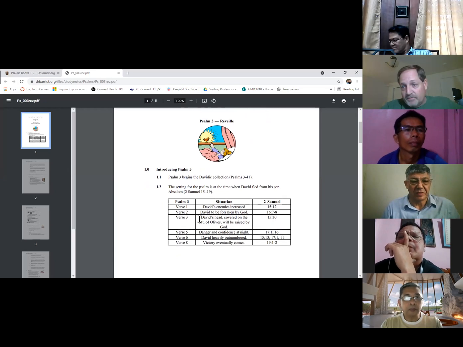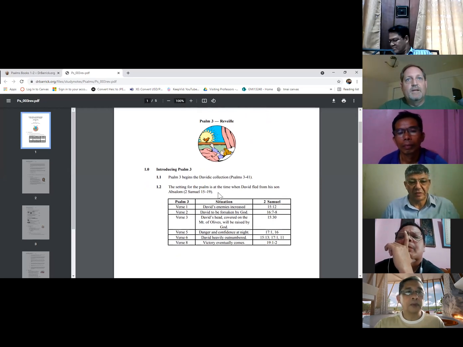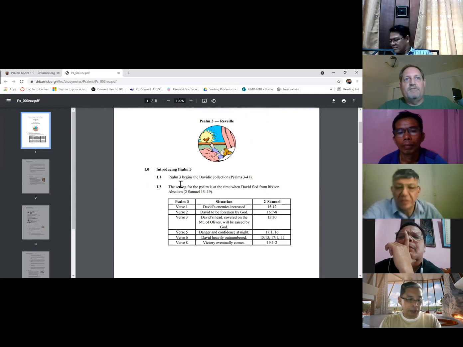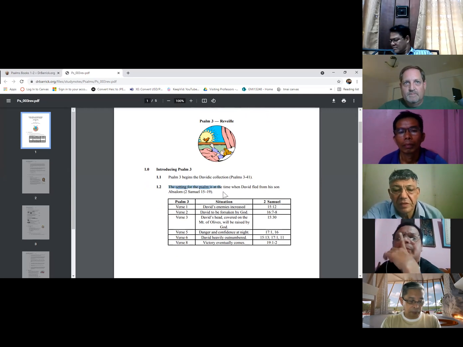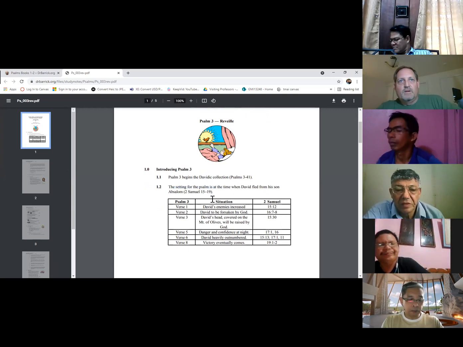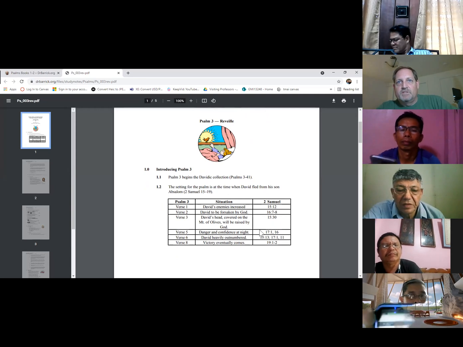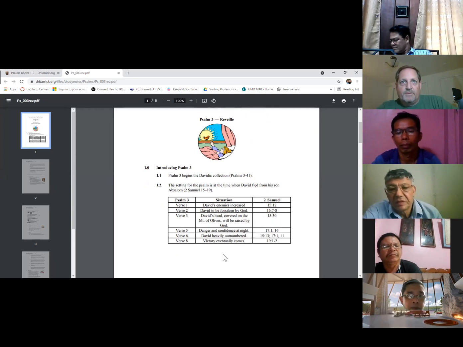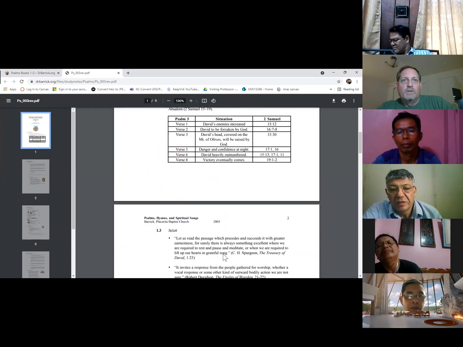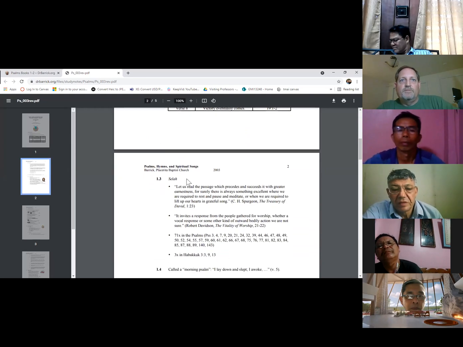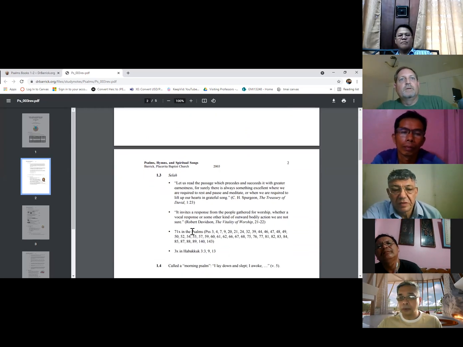All right, so here, notice, by the way, Dr. Barrick tries to identify, notice, he starts with looking at the setting of this psalm. And notice he's found some connections to certain passages in 2 Samuel. Then here he gives a few comments and notes.